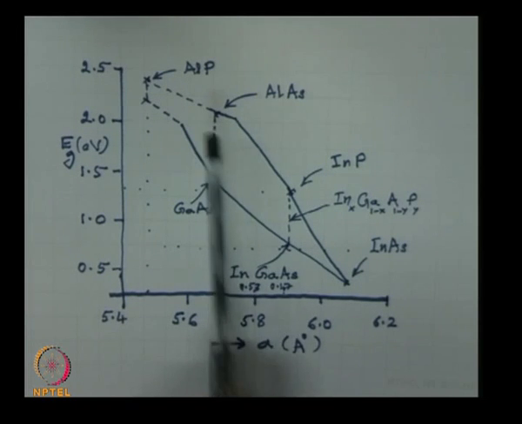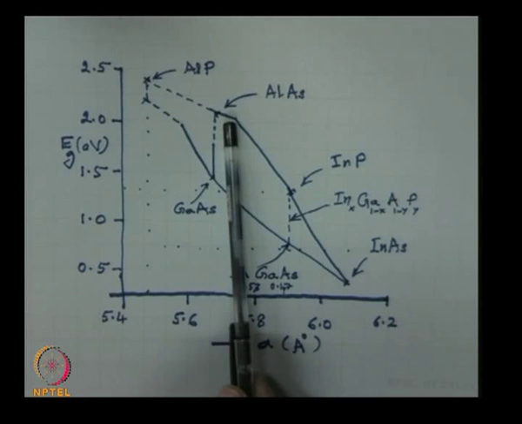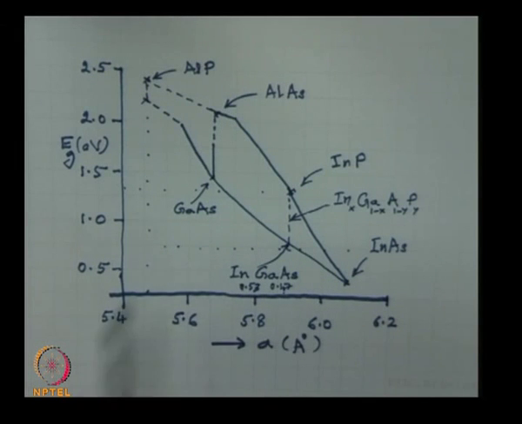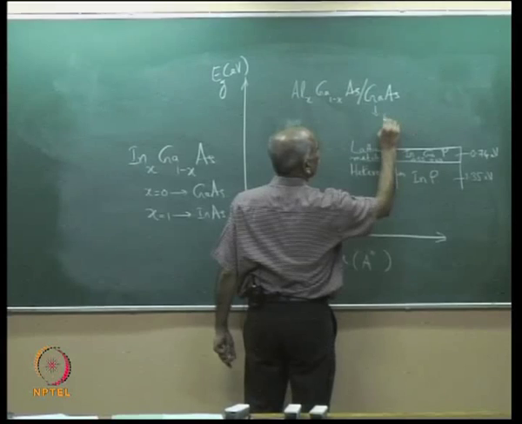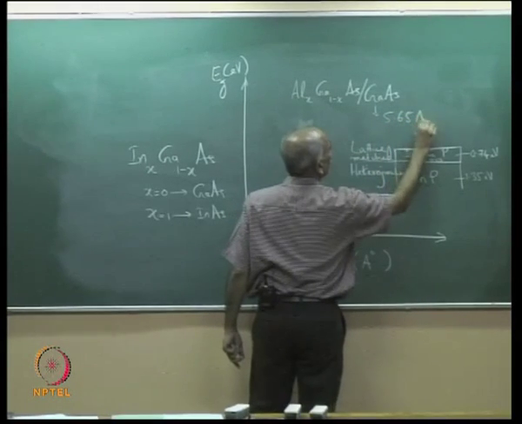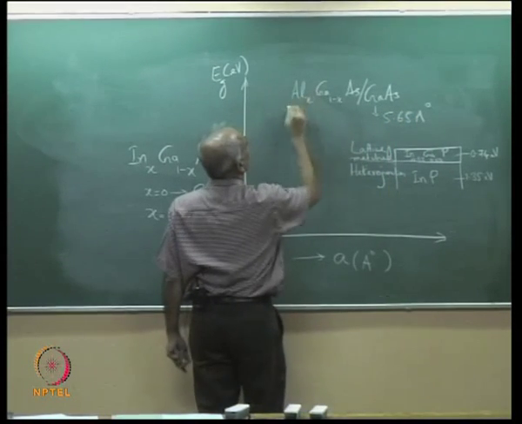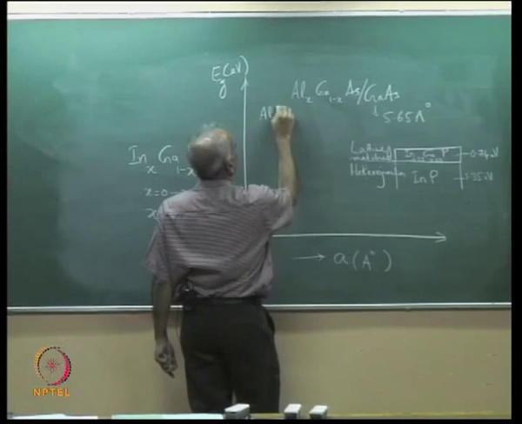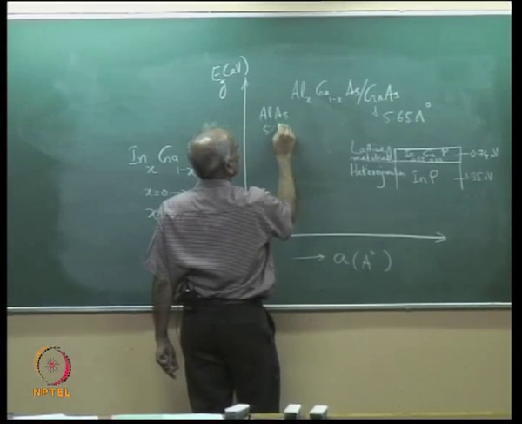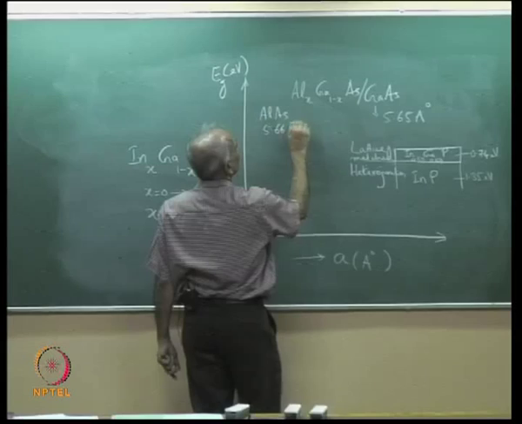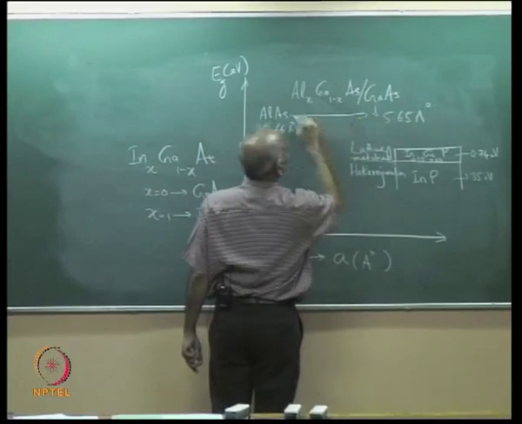And it so happens that the lattice constant of aluminum arsenide is almost the same as the lattice constant of gallium arsenide. The correct numbers are gallium arsenide is 5.65 angstroms and aluminum arsenide is 5.66 angstroms.